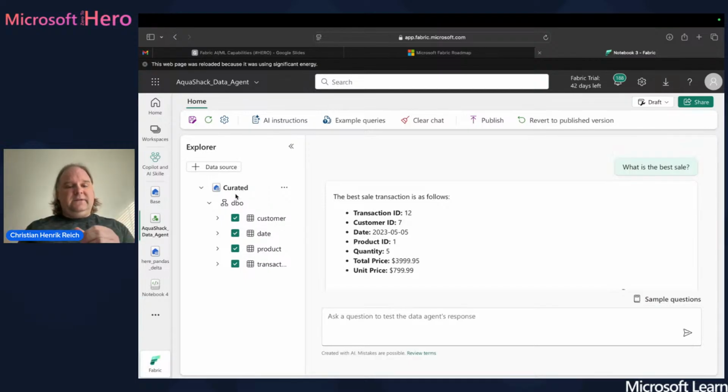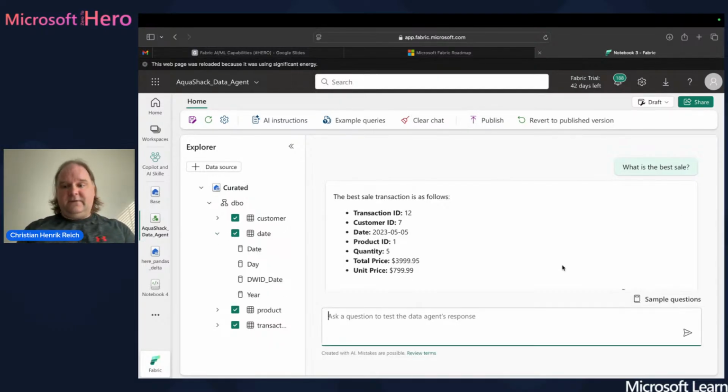In my case, it's called curated here, and that equals the gold layer, and the gold layer is for data we are exposing to consumers. What I can do is click the tables I would like to use for my natural language processing, and I've done a little test.